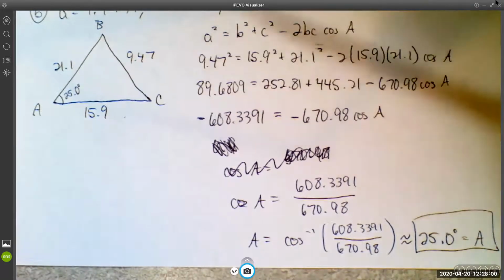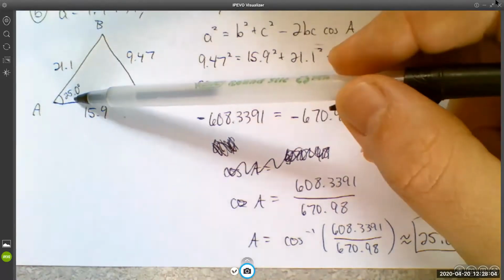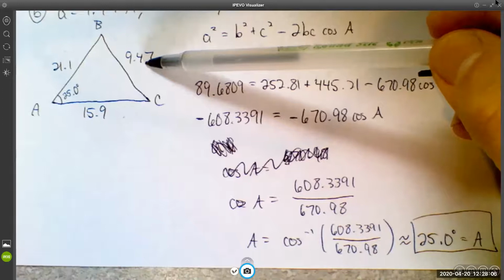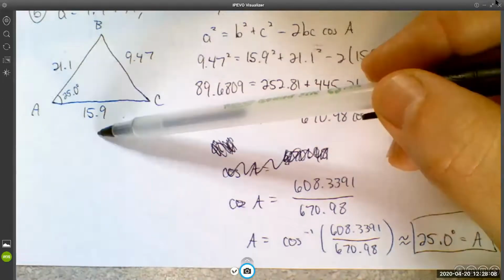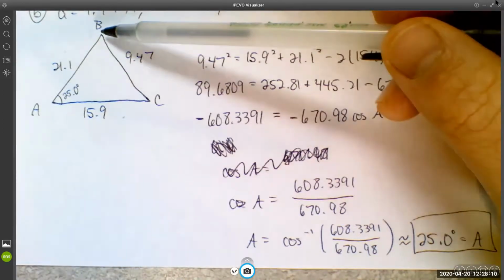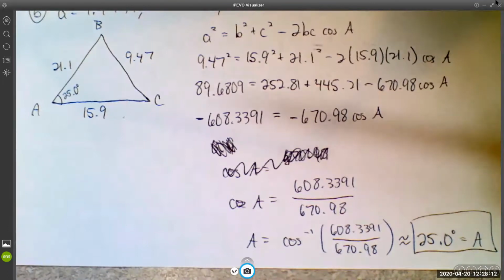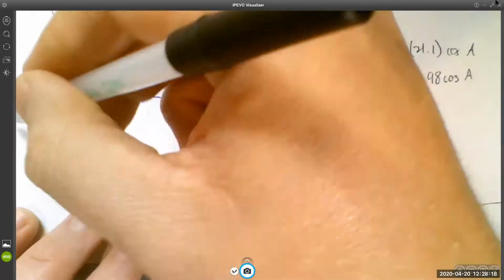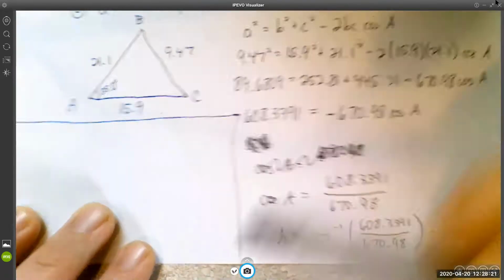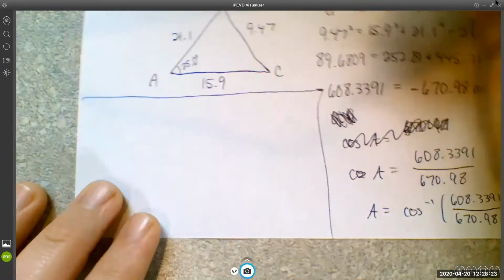Another option would be to use law of sines at this point. You can say sine 25 over 9.47 equals sine B over 15.9, and then solve for angle B. I think it goes a little quicker that way, so that's what I'm going to do. I'm running out of space.